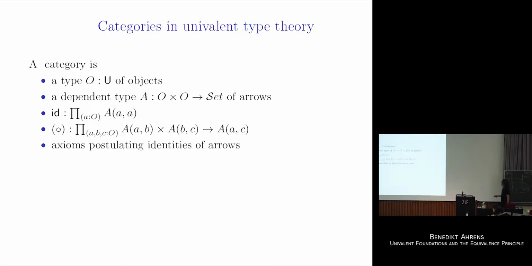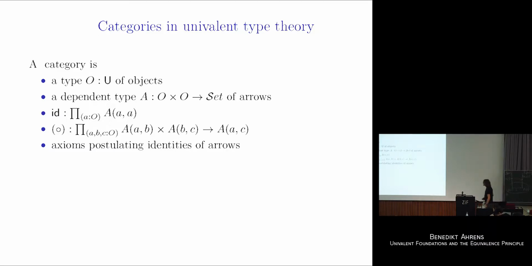Since the axioms talk about equalities between arrows, we want them to be propositions, and to enforce that these are axioms, hence propositions, we need that the types where these identities live are sets.